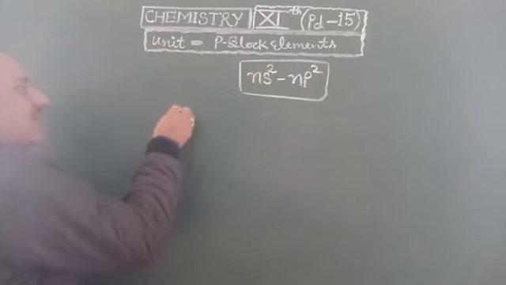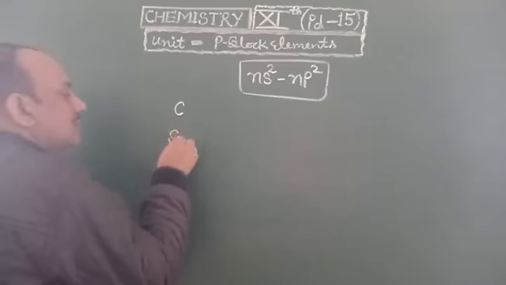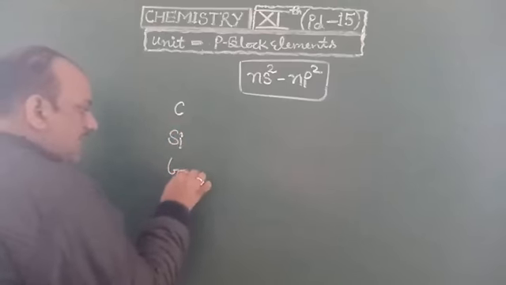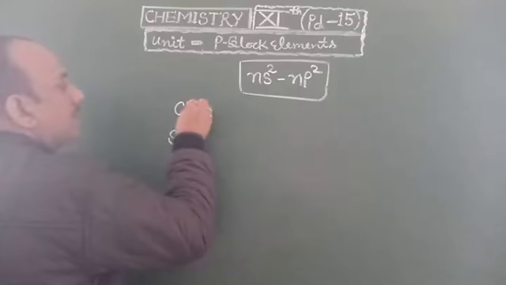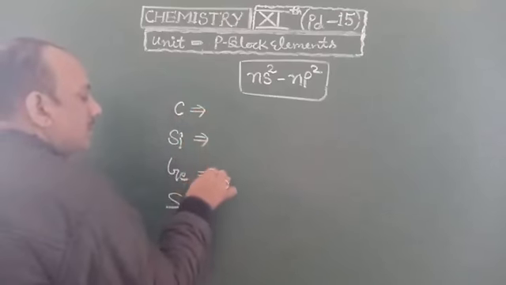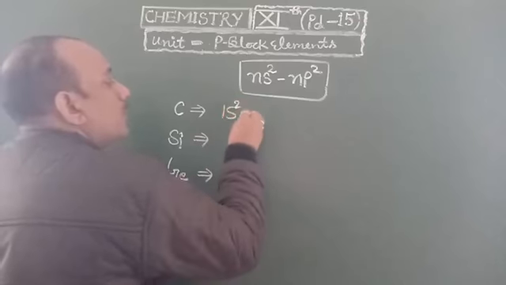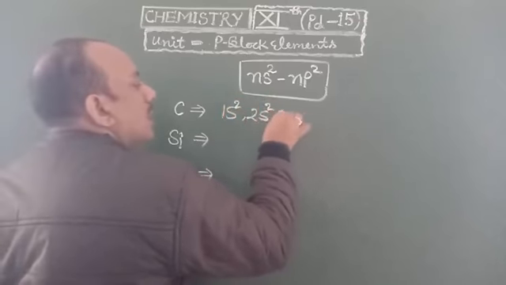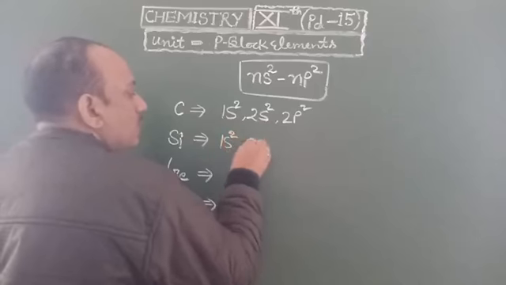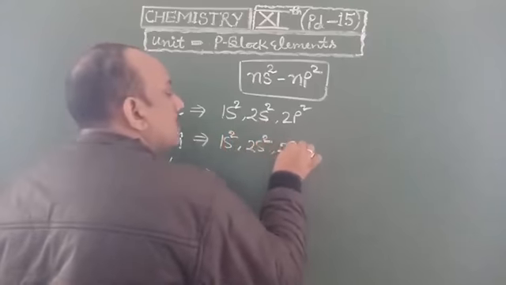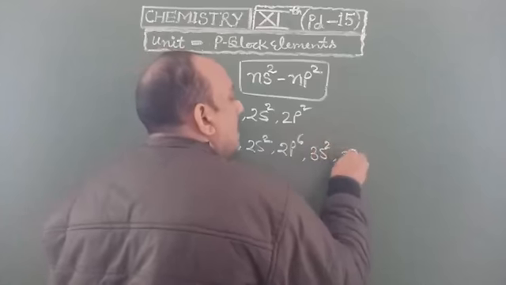This configuration is given as: carbon 1s2, 2s2 and 2p2. For silicon 1s2, 2s2, 2p6, 3s2 and 3p2.